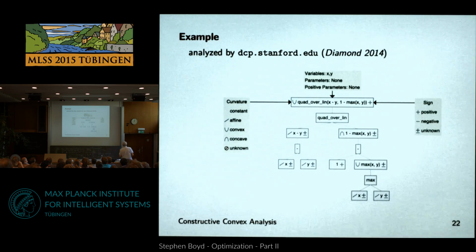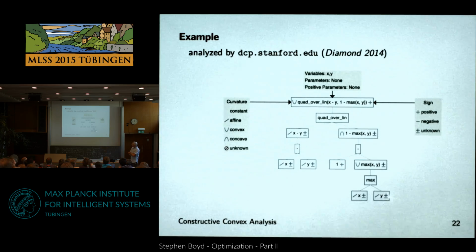This is a screenshot from a little thing written by a student at Stanford, and you should go to it. What it does is take a function from a small library of obvious functions, and it'll actually do the analysis. So here's the full parse tree, and let me explain what's being shown here.